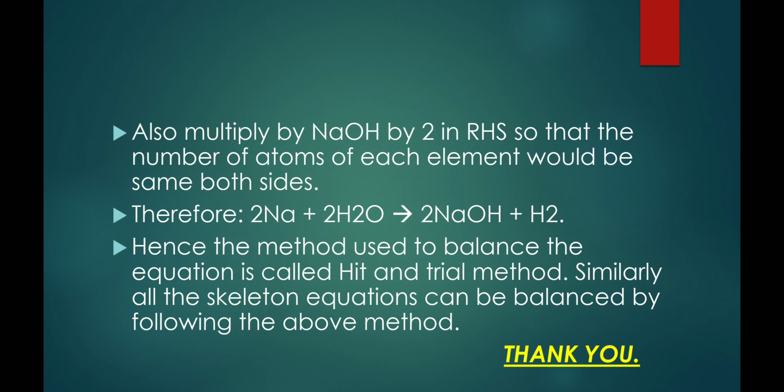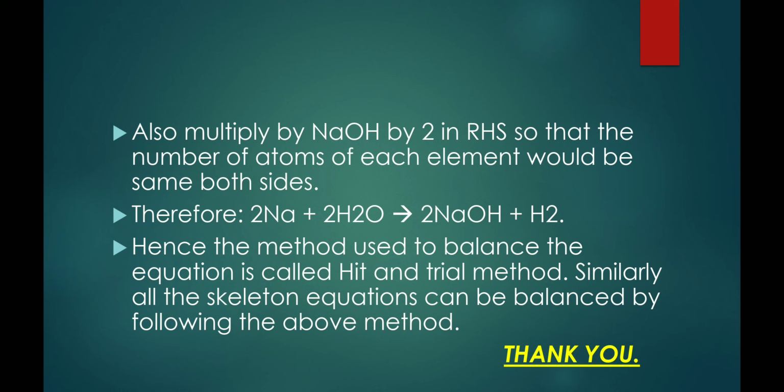And also multiply sodium hydroxide by 2 on the right hand side so that the number of atoms of each element would be the same on the left hand side as well as the right hand side. So on balancing the equation, finally we get 2Na plus 2H2O gives 2NaOH plus H2.